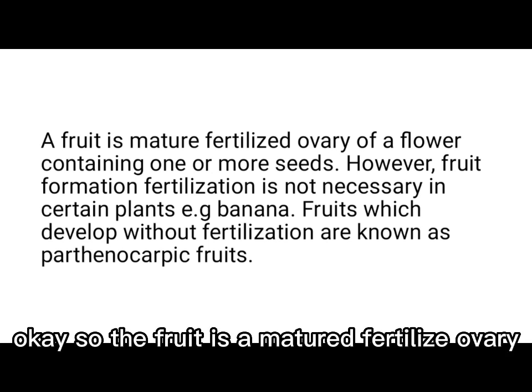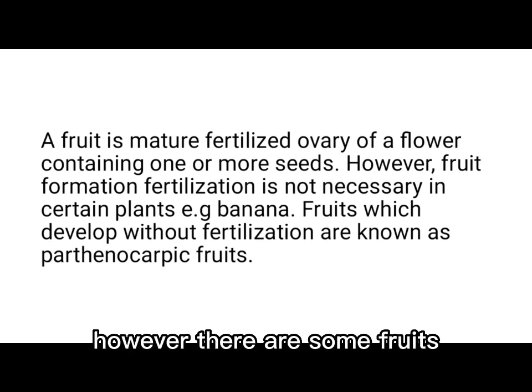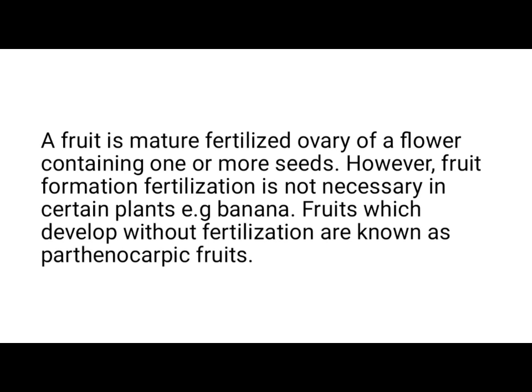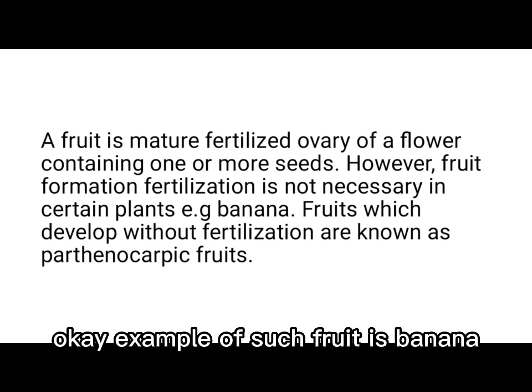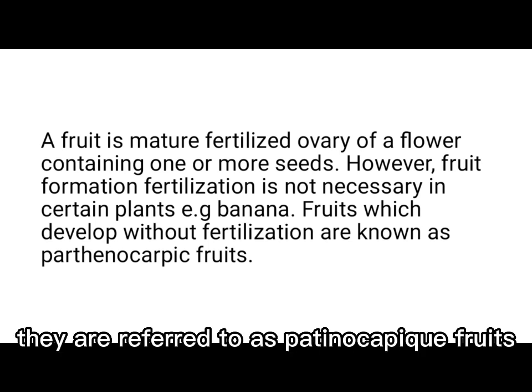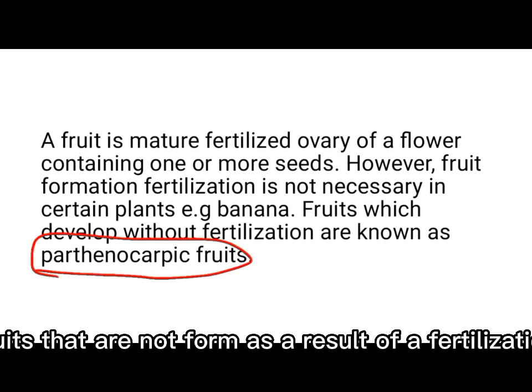However, there are some fruits that are not formed as a result of fertilization. An example of such a fruit is banana, and those kinds of fruits are referred to as parthenocarpic fruits.